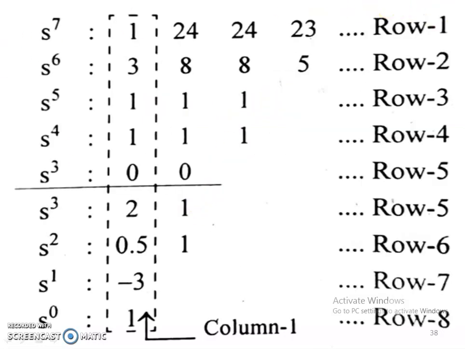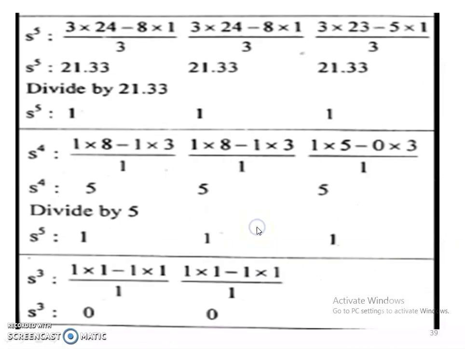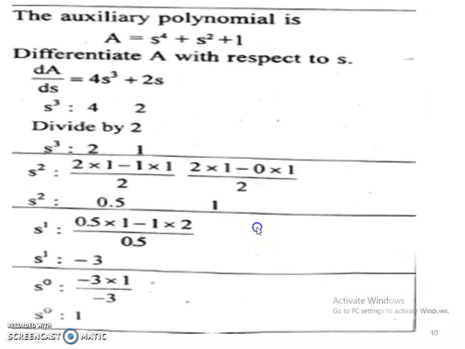After simplification, this is the Routh array you get. While going through this Routh array, we can see that there are 2 sign changes. This 0.52 to minus 3 is one sign change, and another, minus 3 to 1, is another sign change. You have 2 sign changes. So 2 roots are lying on the right half of the S plane.